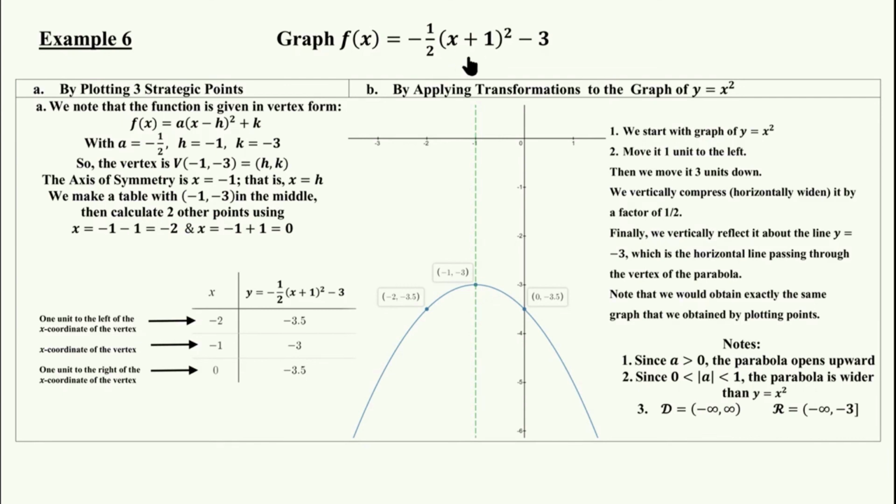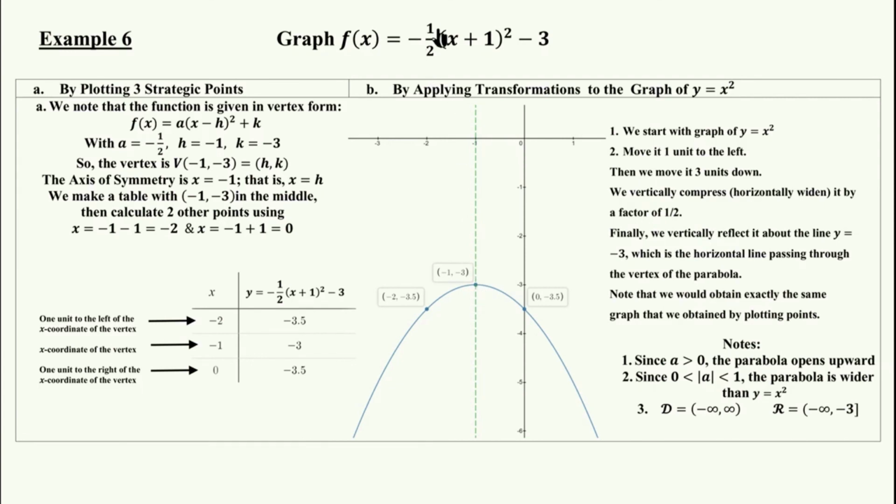So we start with the graph of y equals x squared. We move it 1 unit to the left. Then we can take care of the vertical shift, which means we need to go 3 units down. So starting here, we go 1 unit to the left, 3 units down.